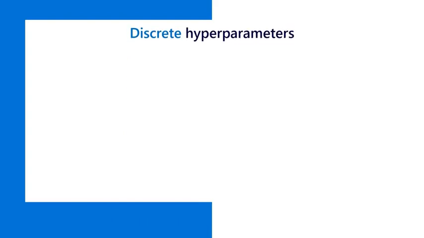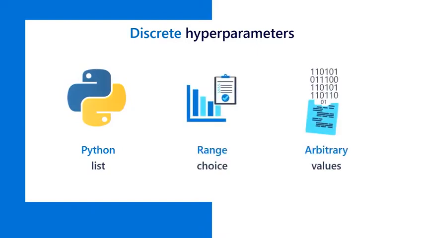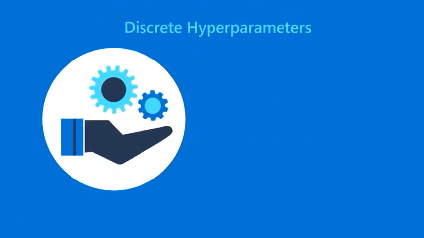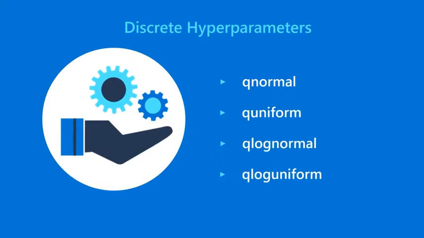You can define a search space for a discrete parameter using a choice from a list of explicit values, which you can define as a Python list, a range, or an arbitrary set of comma-separated values. You can also select discrete values from any of the following discrete distributions: QNormal, QUniform, QLogNormal, and QLogUniform. Some hyperparameters are continuous. In other words, you can use any value along a scale.